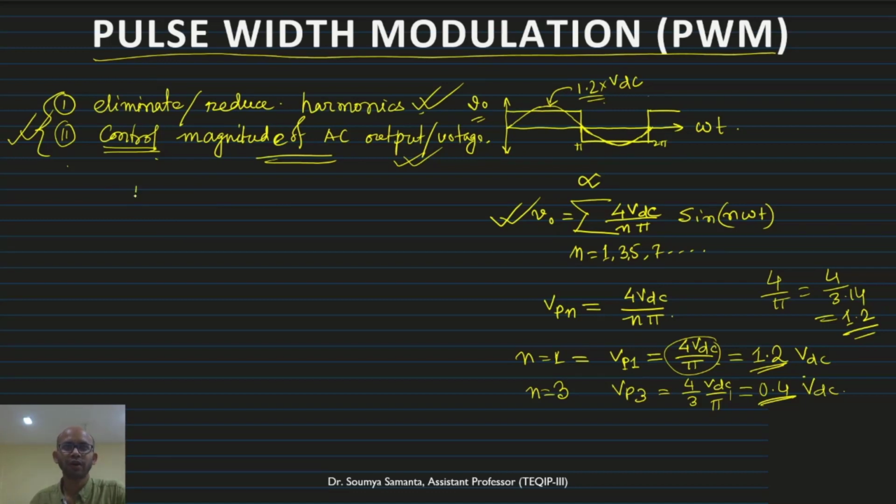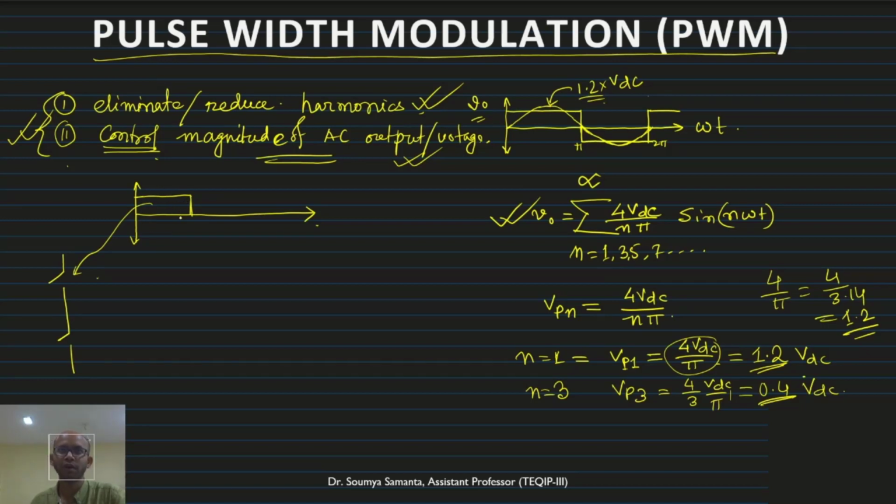Suppose this is the pulse. This one is the pulse I am giving for the positive switch. That means we have two switches in one leg. Obviously there will be a complementary one.